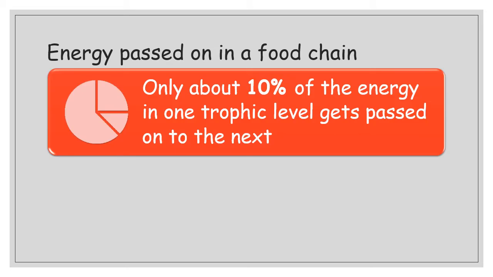So the three main ways we've got of energy lost: movement, heat, and undigested material. There's only a very small amount of energy that's actually passed on from one organism to the other within a food chain. That's only about 10% of the energy from one trophic level gets passed on to the next. So from producer to primary consumer, from primary consumer to secondary consumer, and so on.